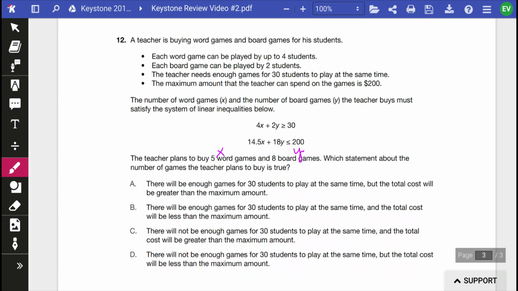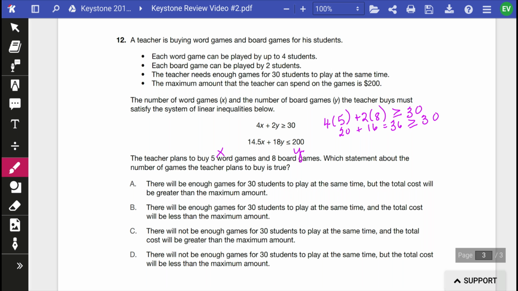So 4 times 5 plus 2 times 8 is greater than or equal to 30. 4 times 5 is 20 plus 16, which is 36. And that's definitely bigger than 30.